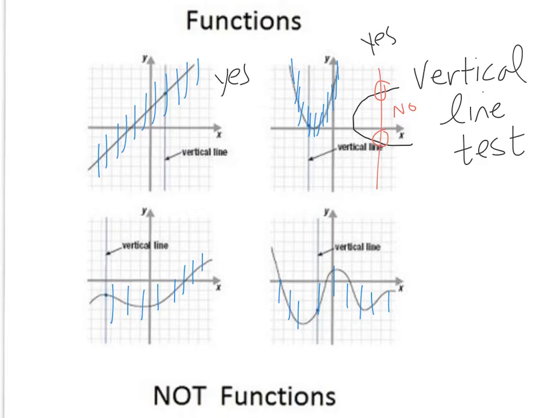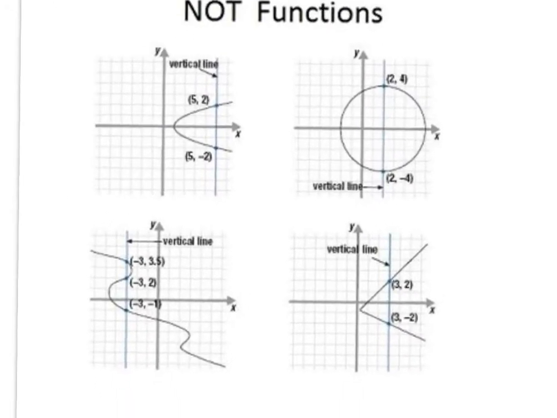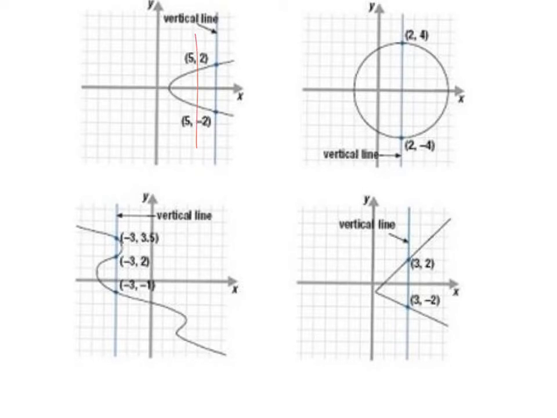But I'm going to show down here how some of these are not functions. If you drew vertical lines, you would have the same x, but two different y values. A circle is not a function because it has the same x but two different y values, and for it to be a function, it has to have a unique y value.